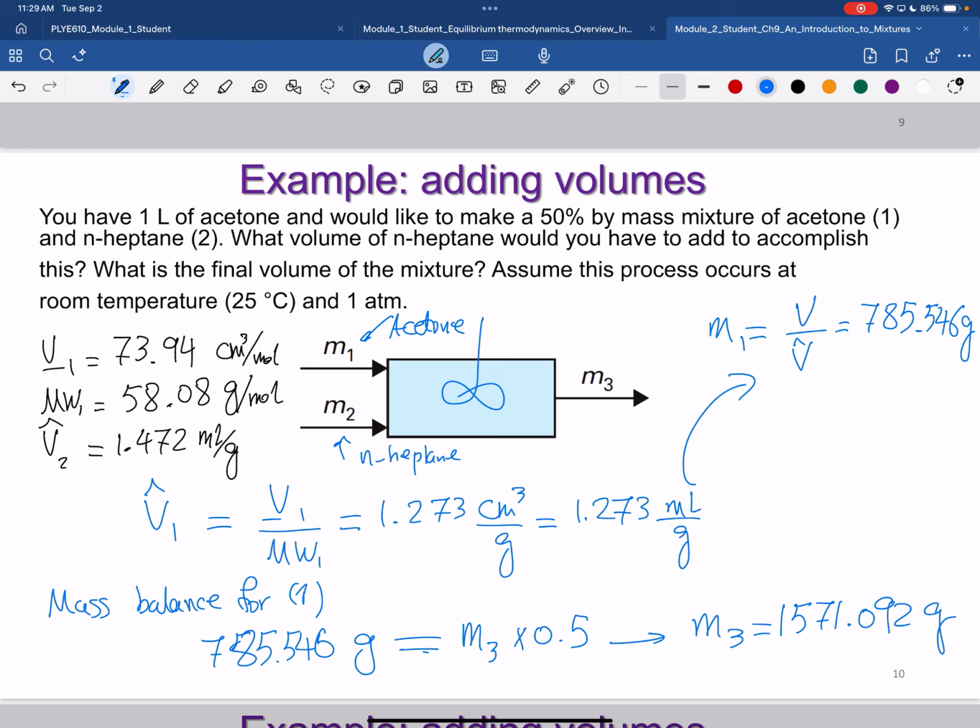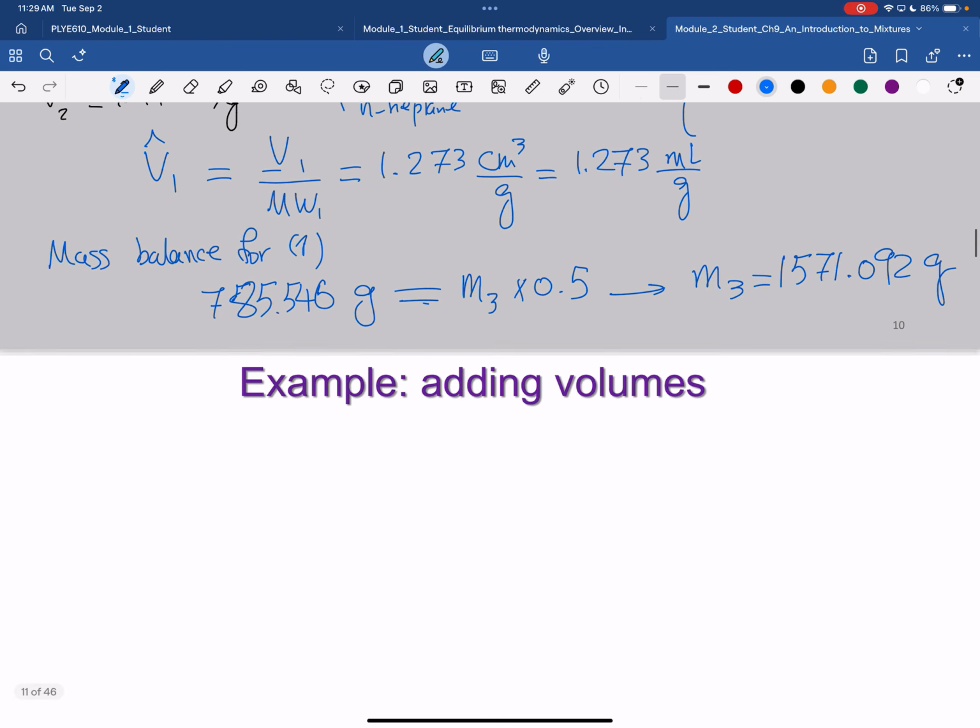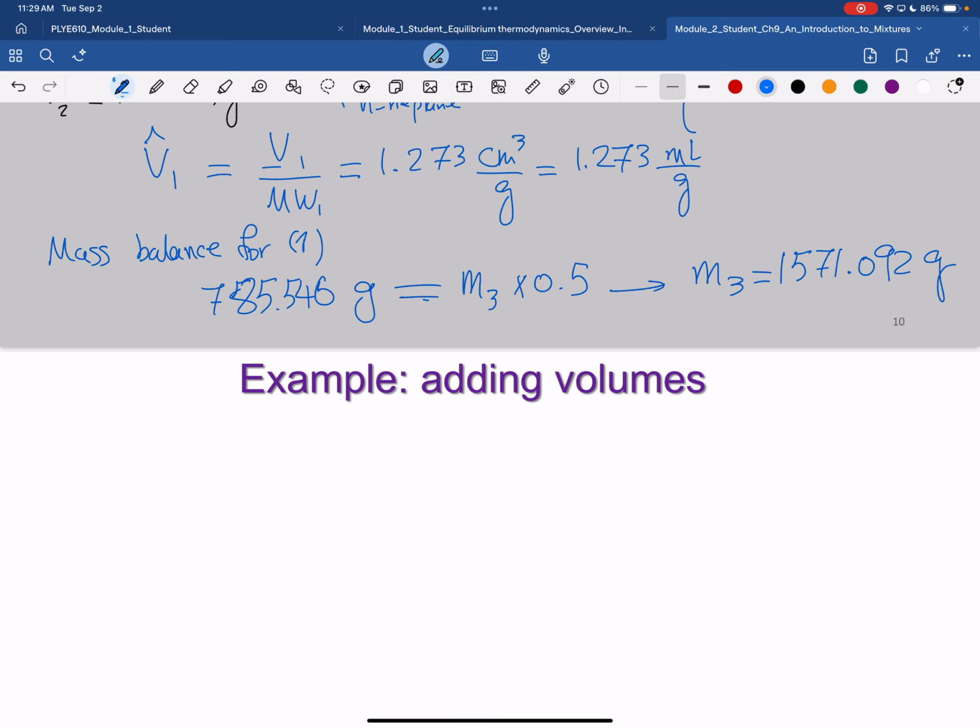Okay, can I calculate how much is the mass of the N-heptane? Considering that there is no chemical reaction or evaporation happening, because the overall mass balance is M1 plus M2 is M3.